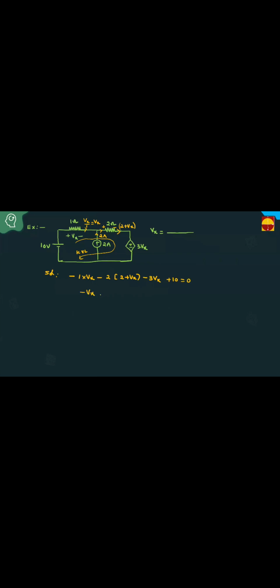Minus Vx minus 4 minus 2 Vx minus 3 Vx plus 10 equals 0. That gives minus 6 Vx plus 6 equals 0. Then Vx equals 6 by 6, 1 volt. That is the answer, Vx equals 1.